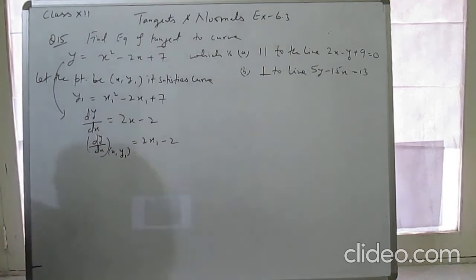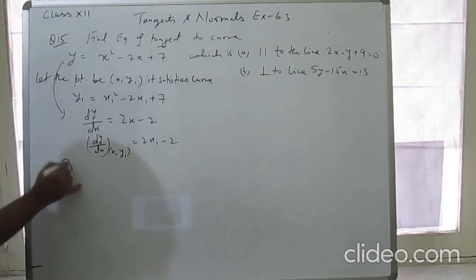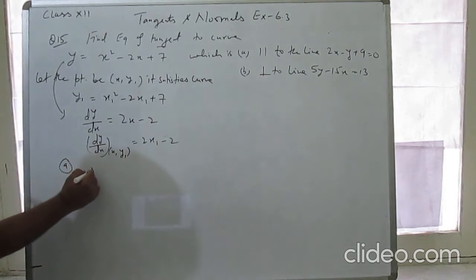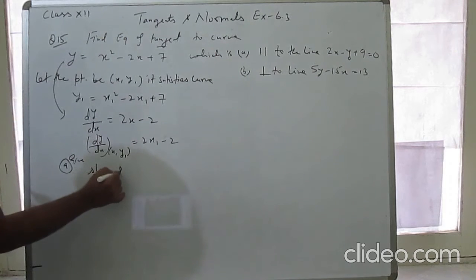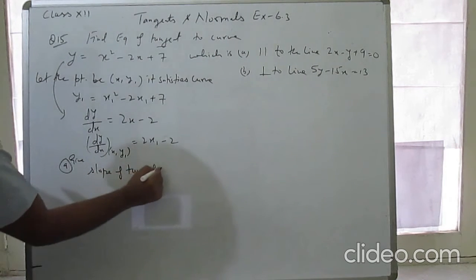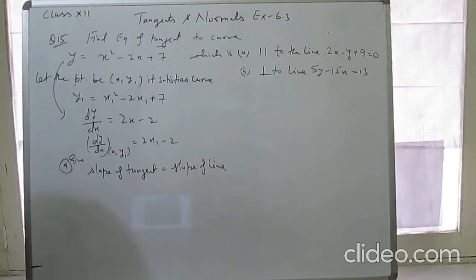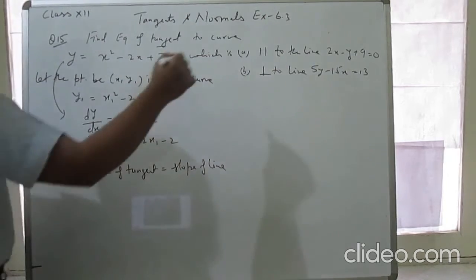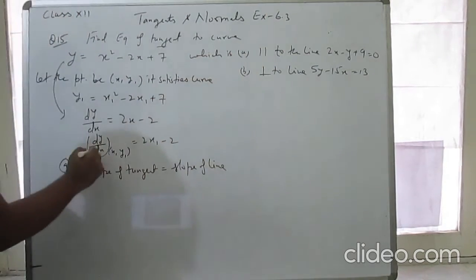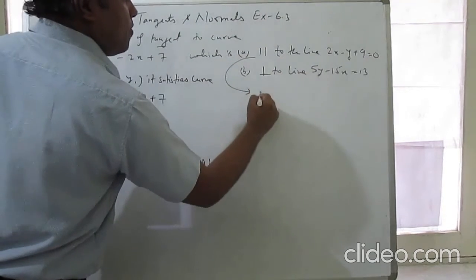Now dy by dx at (x1, y1) is 2x1 minus 2. In the first case, in part (a), this slope is parallel to the line, so slope of tangent is equal to slope of line. What is the slope of line?